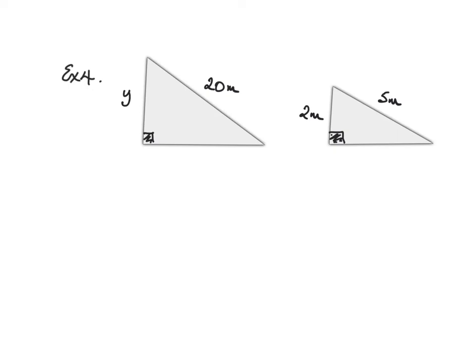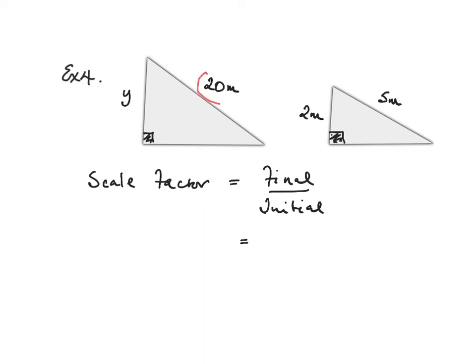Example 4, triangles are similar, calculate the value of y. So first of all, calculate the scale factor. It's always final over initial. Now, we can either go from 20 to 5.